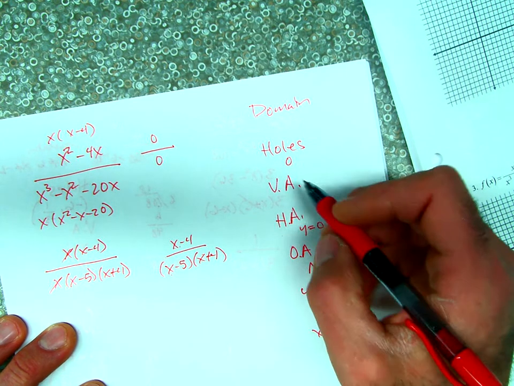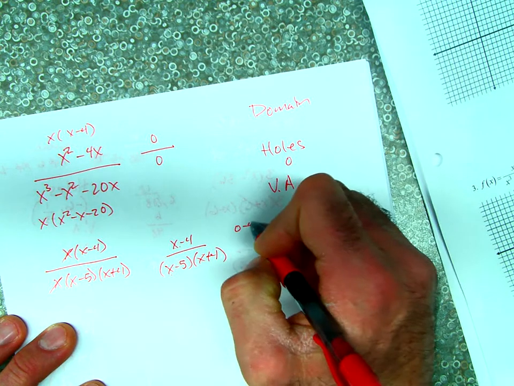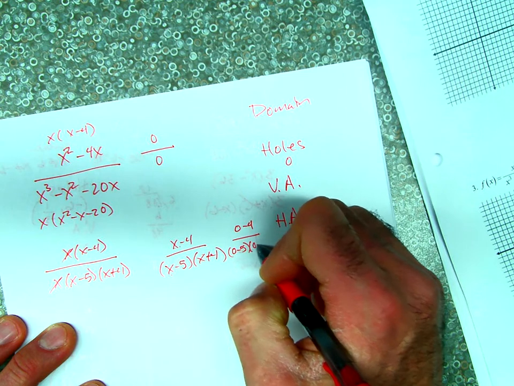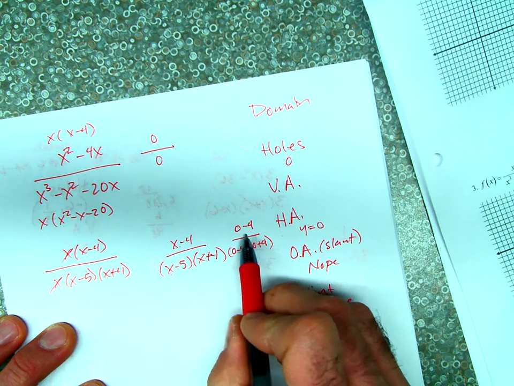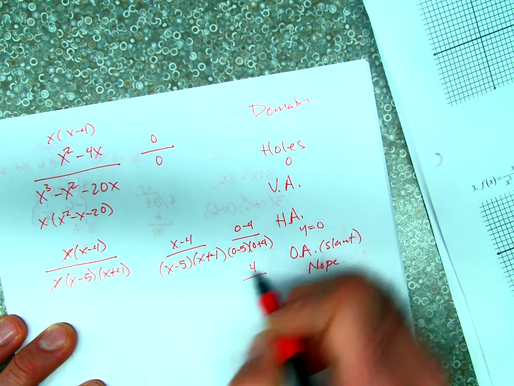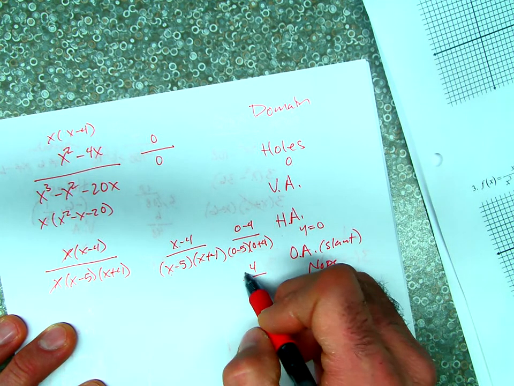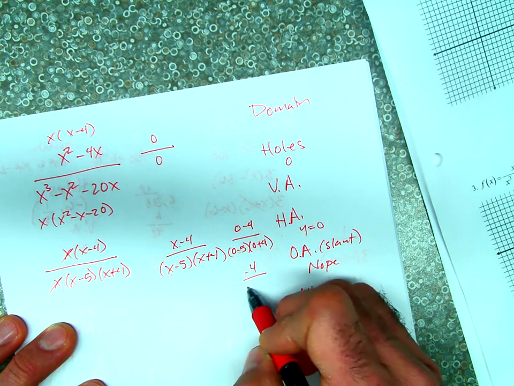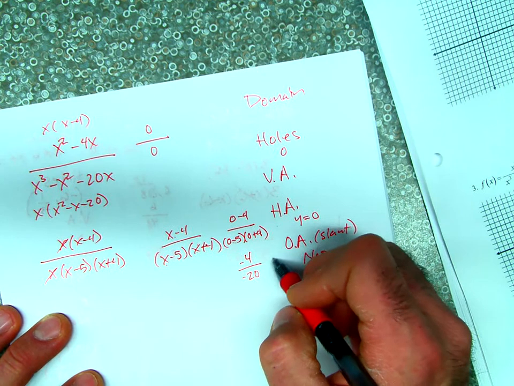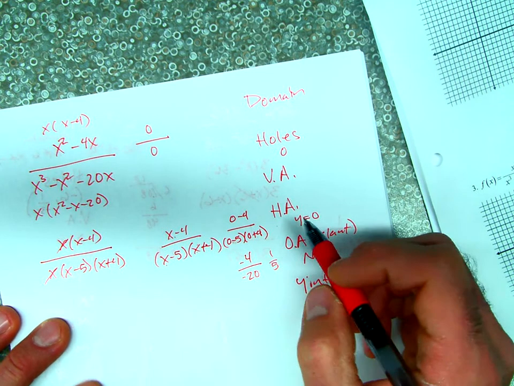So it would be 0 minus 4 over 0 minus 5, 0 plus 4. So this is negative 4 over negative 20, right? Which would be positive 1/5. What is 1/5?